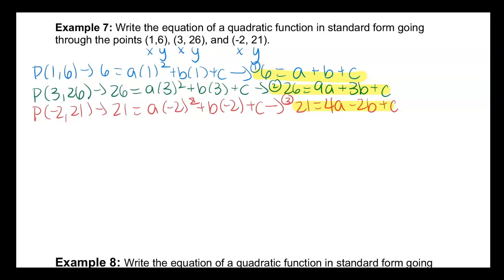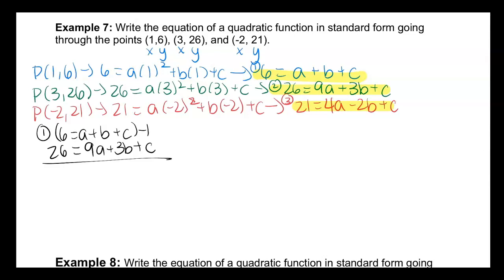So the first thing I'm going to do is use equations 1 and 2 and cancel out c. My first step is to take the first 2 equations, 6 equals a plus b plus c, and 26 equals 9a plus 3b plus c, and we're going to cancel out the c's. It doesn't matter which equation you use. I'm going to use the first one and multiply the whole thing by negative 1.